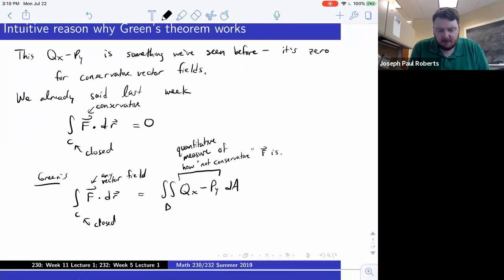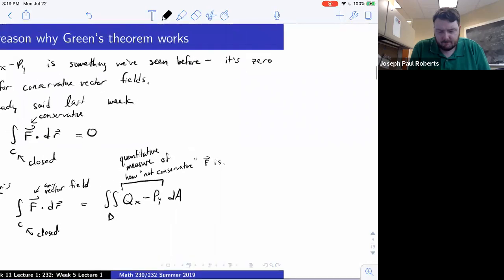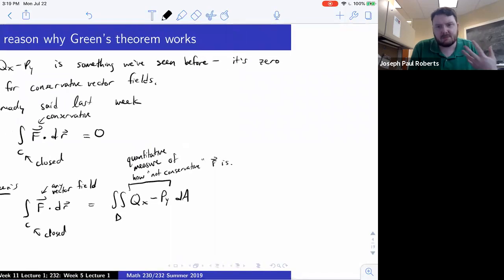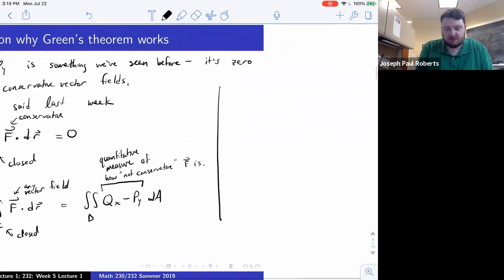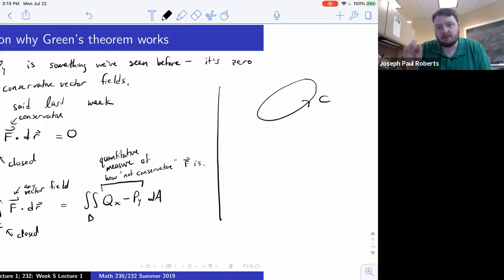And we can also make some sense on the positive versus negative idea for this. This is something we'll talk a little bit later today about using some different language. But let's just intuitively take a look at a specific situation. So let's say that I have my curve C and it's oriented counterclockwise.